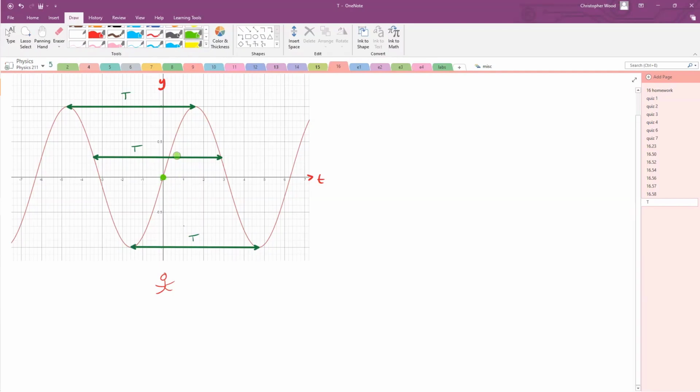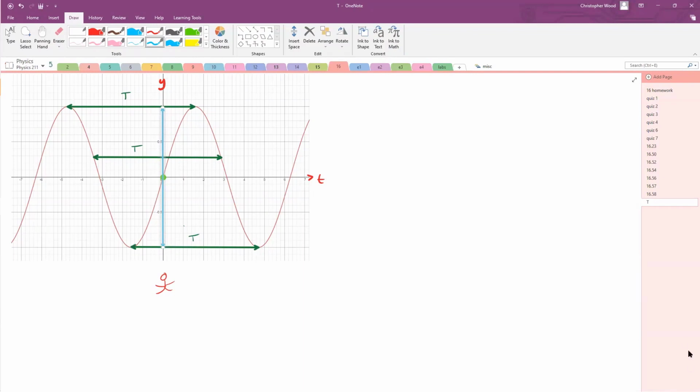You're going to look at how that green dot behaves as far as its transverse motion is concerned. What is it doing as a function of time as far as its position along that amplitude axis?